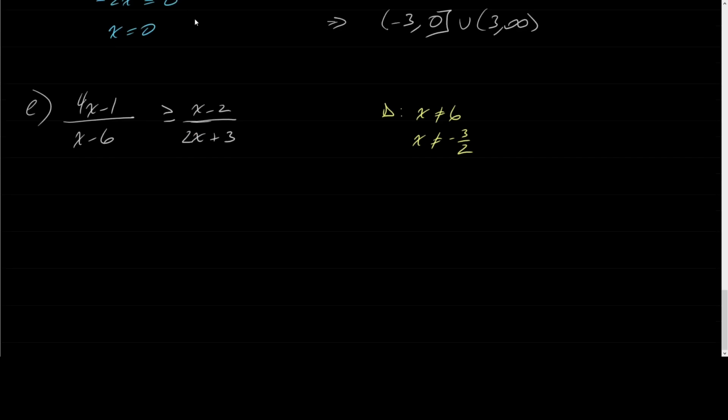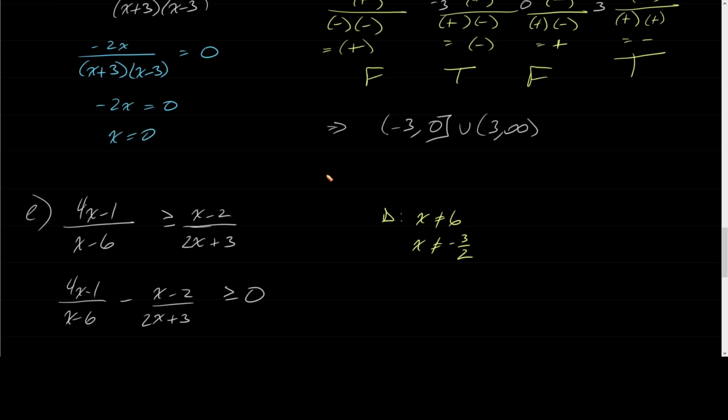Now, the next thing we're going to do here is put everything on the same side, all right? So when we do that, I end up with 4x minus 1 over x minus 6 minus x minus 2 over 2x plus 3 is greater than or equal to 0.